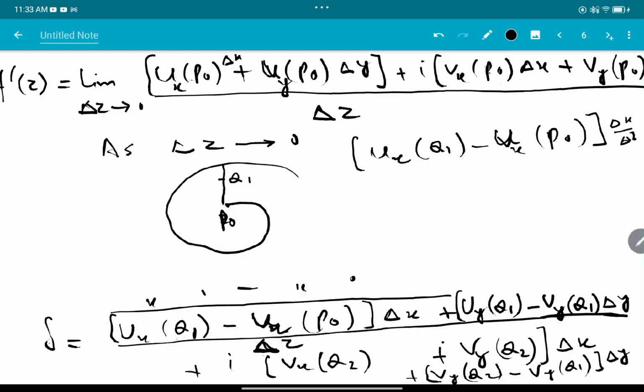As delta z tends to 0, my question is, will the value of the partial derivative ux at q1 tend to the value of the partial derivative at p naught, so that this term becomes 0? Only under one condition: if ux is continuous from q1 to p naught, then you can guarantee that this term will vanish.